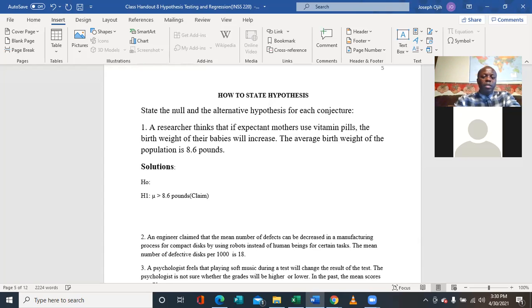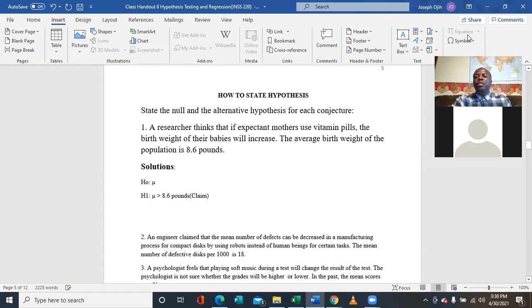Then H0 will be the opposite of that. Now H0 would have been less than 8.6 pounds, but you cannot use the less than symbol here. So you're going to use the one that we call less than or equal to.